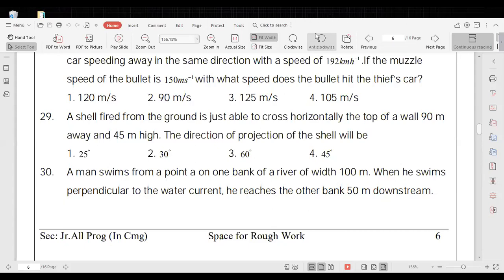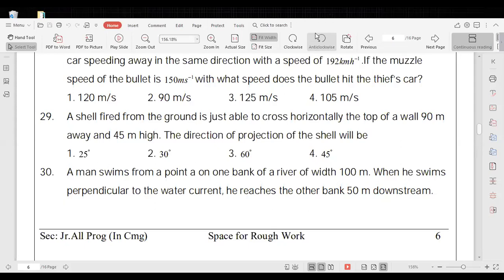Only at the highest point of the path of the shell is the velocity horizontal. So indirectly, the top of the wall is the highest point of the projectile.